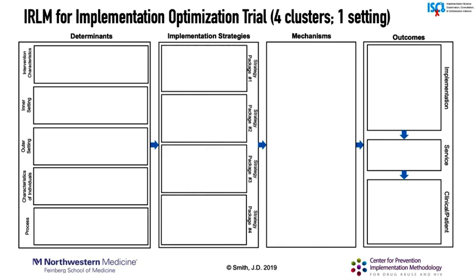So in this case, you'd potentially have boxes within the implementation strategies section that shows clearly the different packages, the different conditions, the different comparisons that were done within an optimization trial type design. And the rest of the logic model would stay the same.